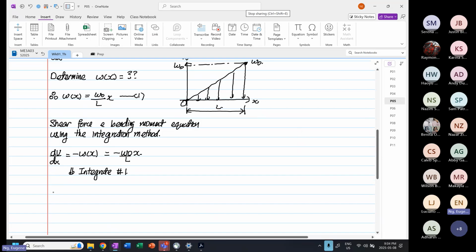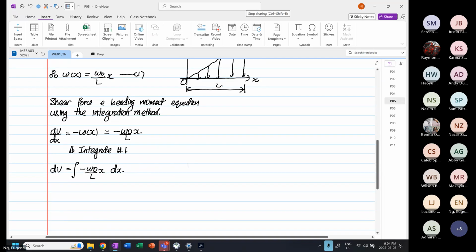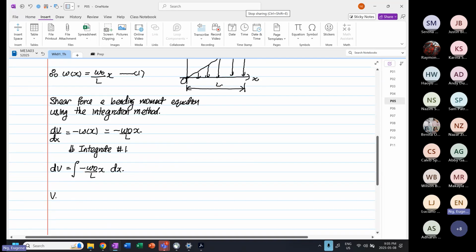We are going to integrate dv, with minus omega naught over L x dx. So we have v as a function of x equal to minus omega naught x squared over 2L plus C1.